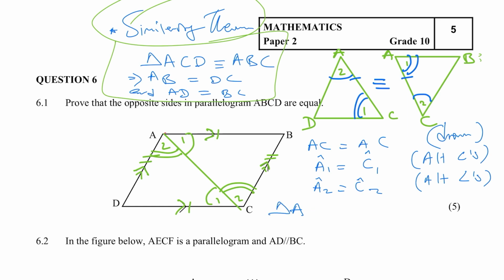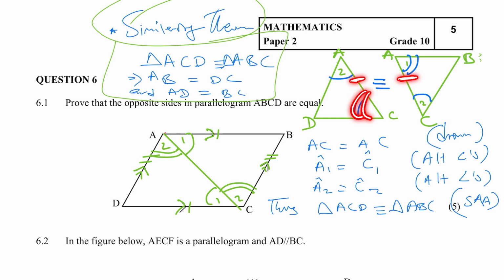This tells us, or we can just say thus, from what we've proven above, triangle ACD is similar to triangle ABC. Why? Your reason is, as you can see, you have a side, an angle and an angle: this side goes with this side, this angle goes with that angle, and this angle goes with that angle. So side, angle, angle.